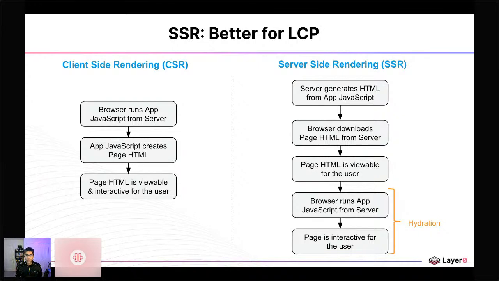That can take a while, especially on a slower phone. So with server-side rendering, we let the server generate the HTML, and so the browser can start rendering that HTML. It can even see images and other resources and start fetching them in advance so that the page can render as fast as possible without having to wait for that JavaScript to download, get parsed, and execute before it can show stuff. And then later on, that JavaScript does run in a process called hydration. We'll talk about the consequences of that in a little bit.